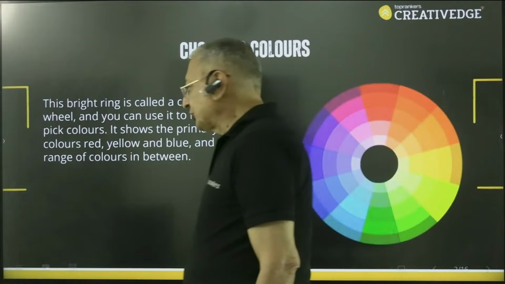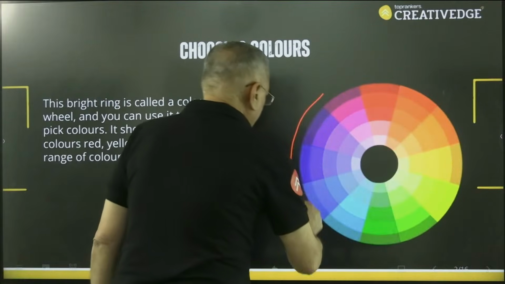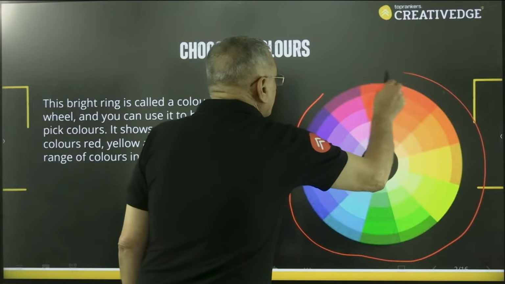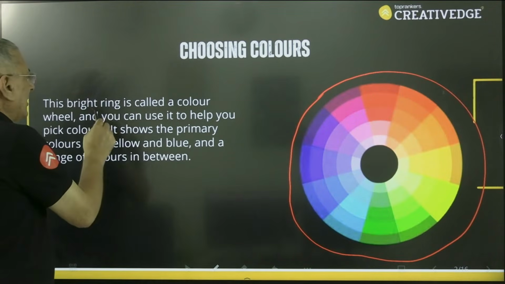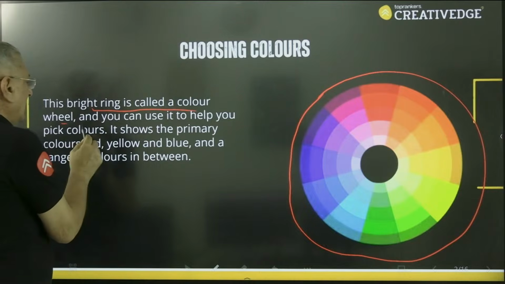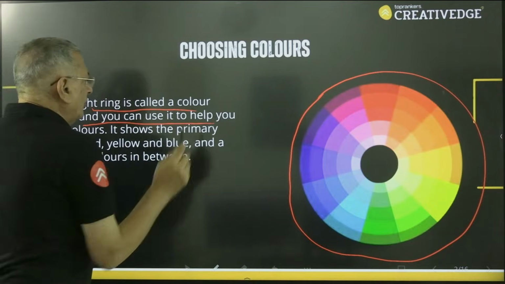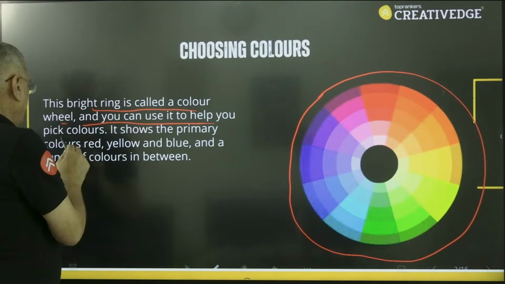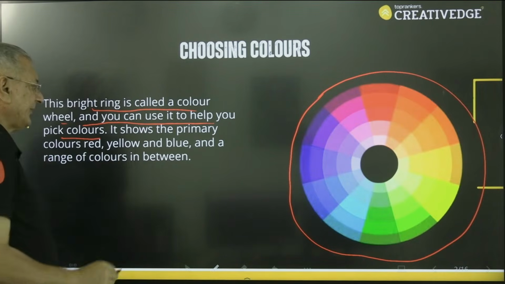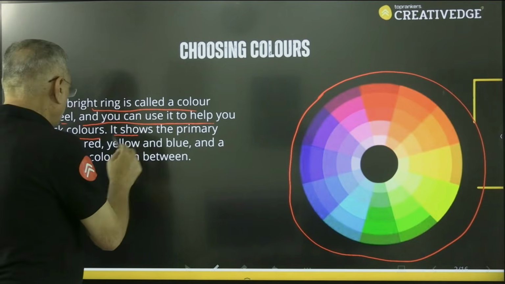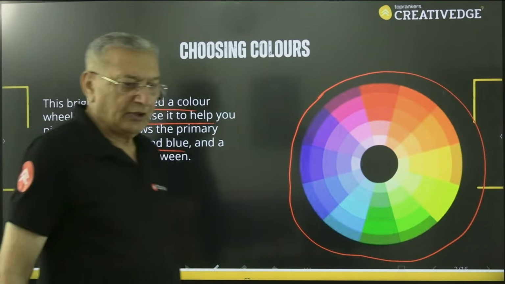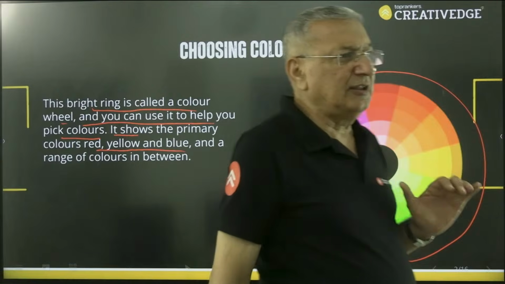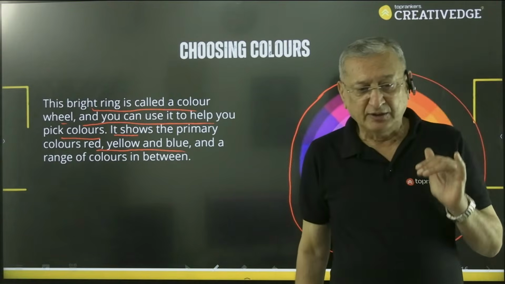First of all, you should know what a color wheel is. This bright ring is called a color wheel, and you can use it to help you pick colors. It shows the primary colors red, yellow, and blue, which are part of the subtractive color theory.